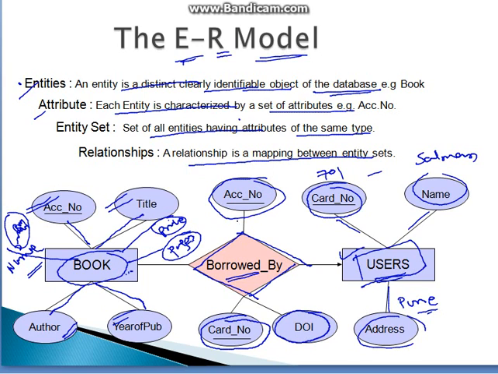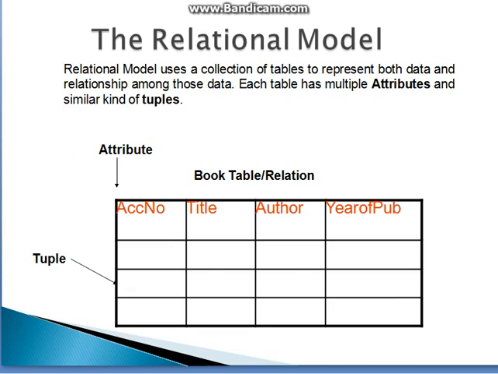In this way the ER model is prepared. To work with any kind of database, you should be able to draw entity relationship diagrams. If you can draw good entity relationship diagrams, then you will be able to work very perfectly. We'll see the next slide.